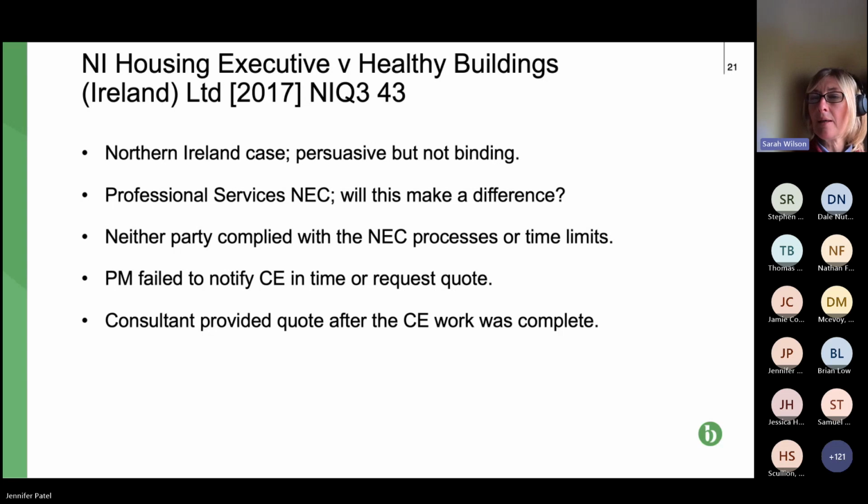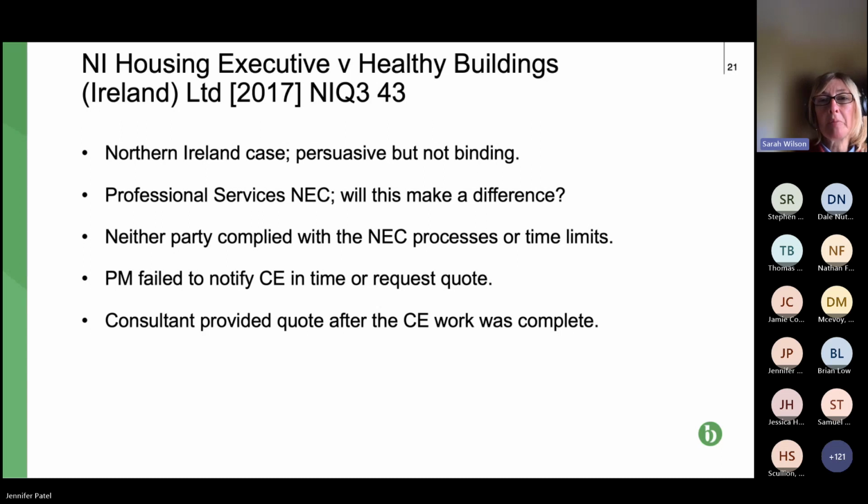So they did it in line with the contract, but of course it meant that a huge amount of the work was forecasted when by this point the consultant had carried out the work, so it knew how long it had taken, what it had involved.